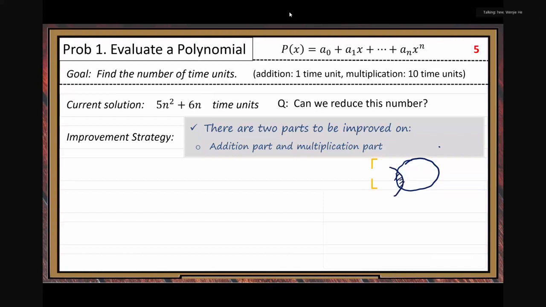The share for the multiplication is the big part. Here we want to do computing time reduction. So do you want to reduce the number of multiplications or the number of additions? Based on our intuition and real world experience, we have more room for improvement in the multiplication part. So if we just improve this much, then this big part is the gain.